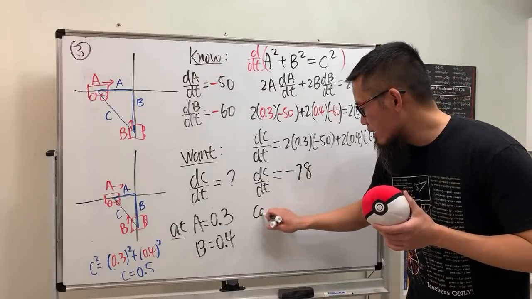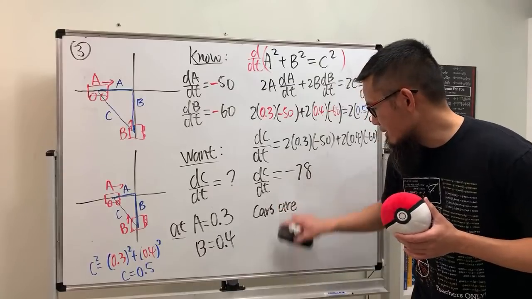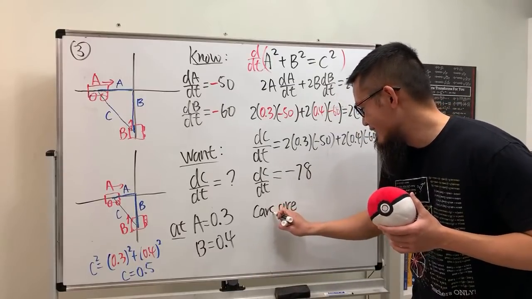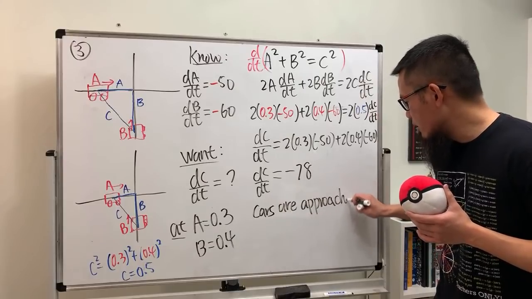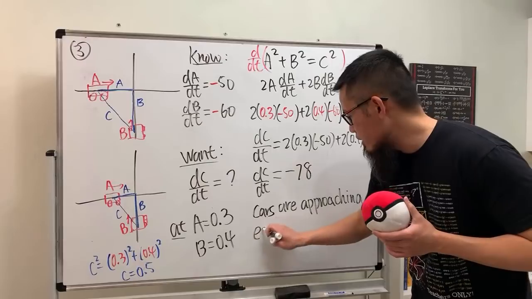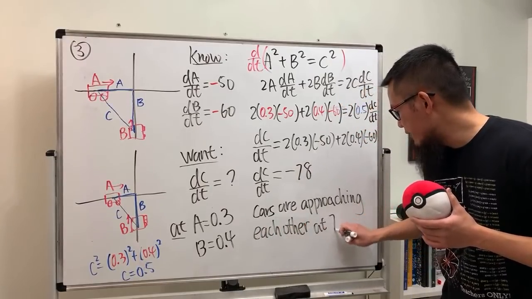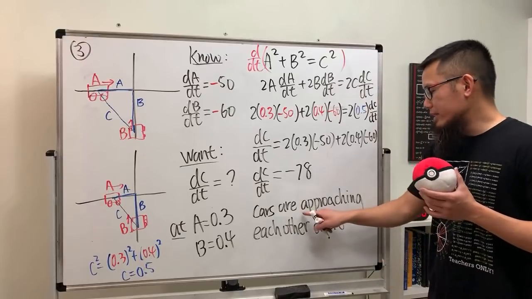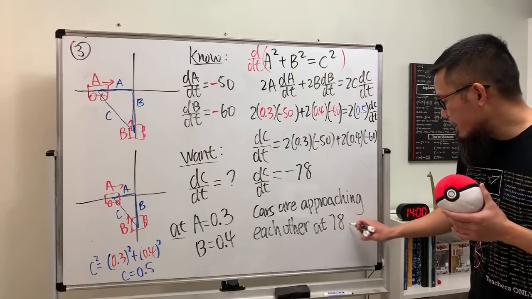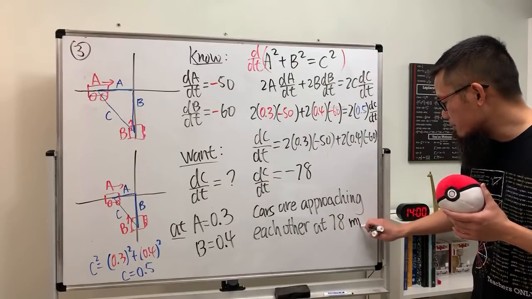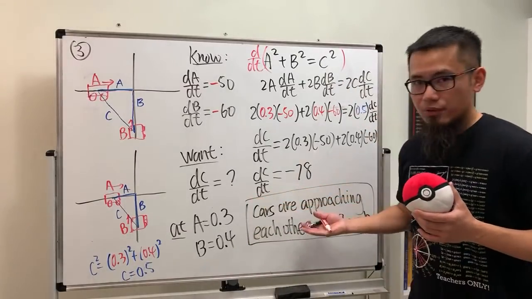The cars are approaching each other at 78, because I'm using the word approaching already, so I don't have to use the negative sign right here. Approaching each other at 78, and the unit right here is miles per hour. So this right here will be my response for that.